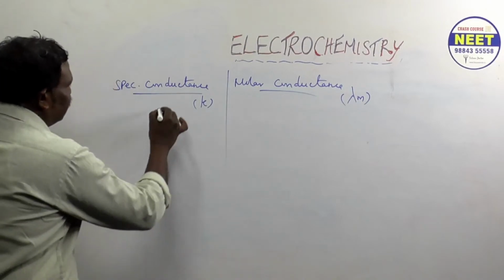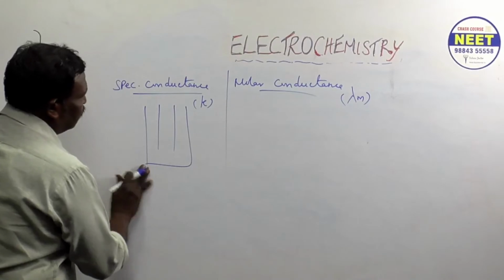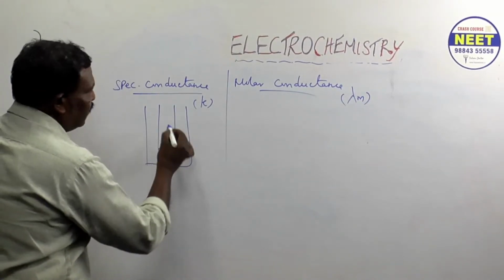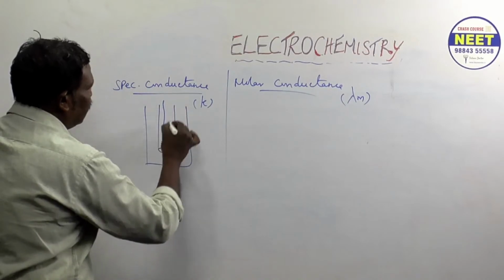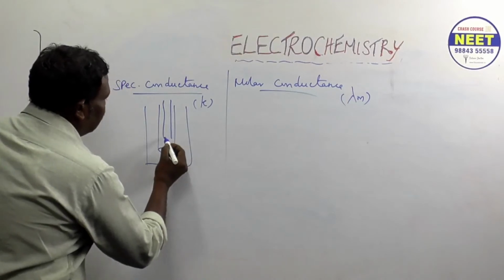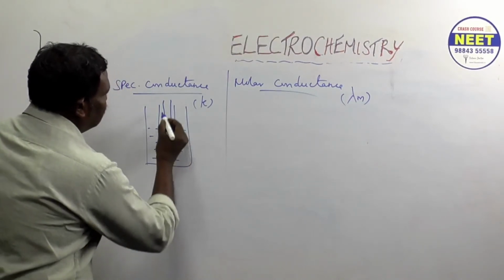Suppose here, it is a cell in which we have two platinum electrodes, and the electrolyte will be there.